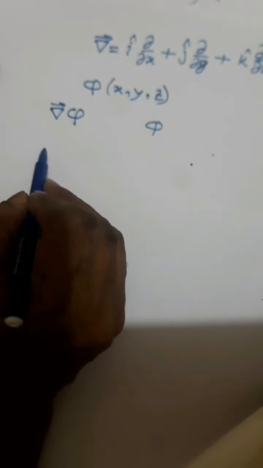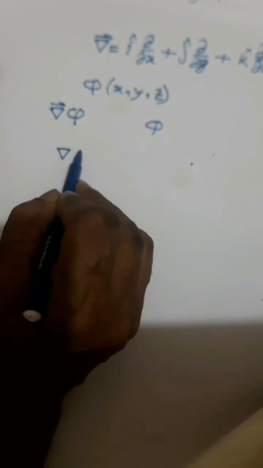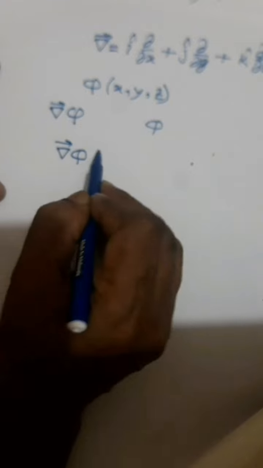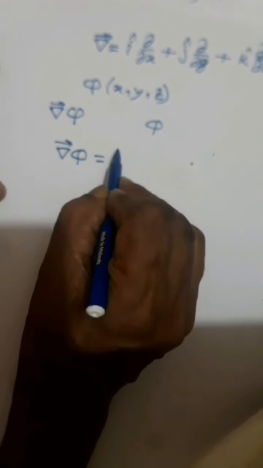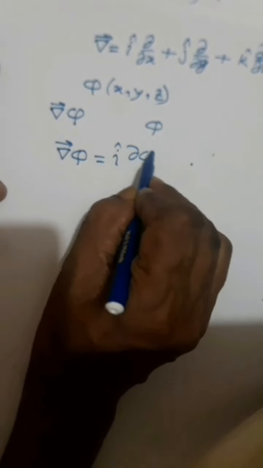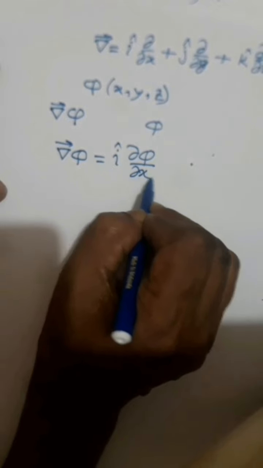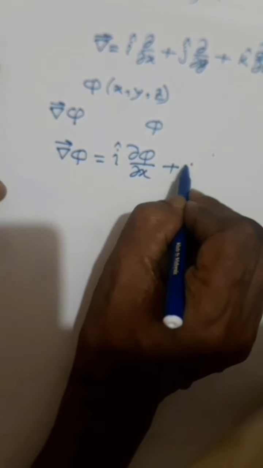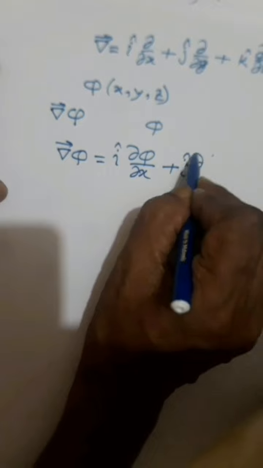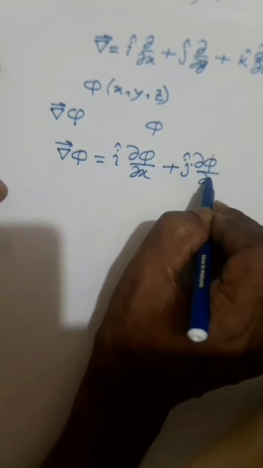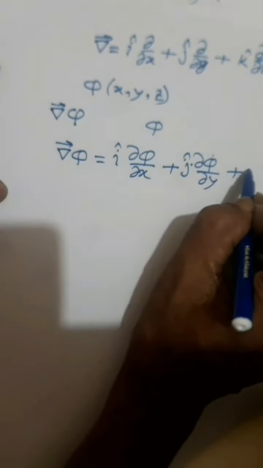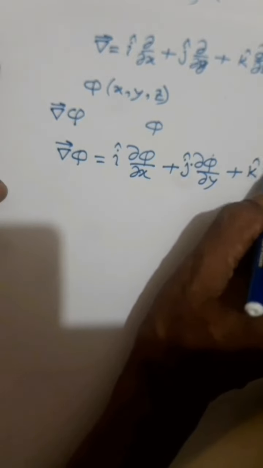That is, the gradient of phi, grad phi, equal to i del phi by del x plus j del phi by del y plus k del phi by del z.